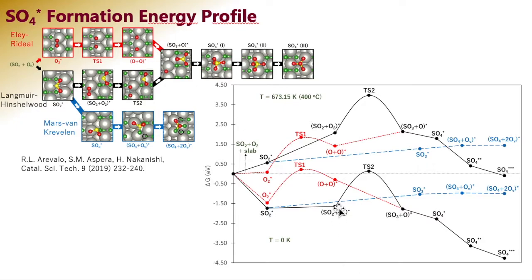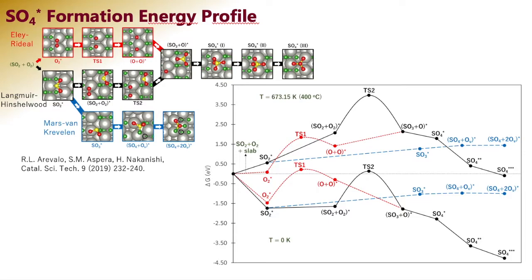From the SO2 plus O2 coadsorbed state, the activation of O2 requires a higher energy barrier of 1.79 electron volts compared to its dissociation without a coadsorbed SO2. This indicates the contribution from the lateral interaction between SO2 and oxygen atoms.